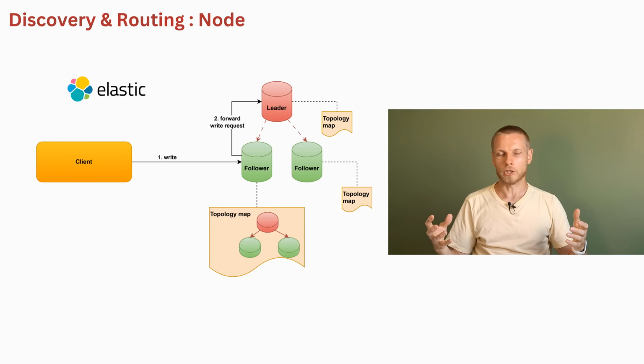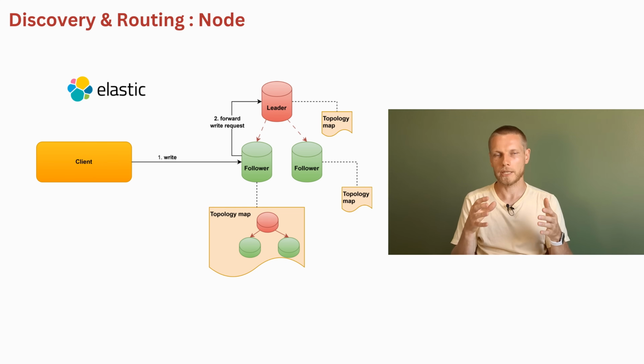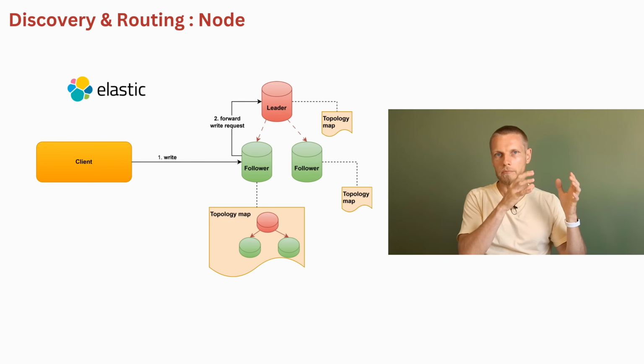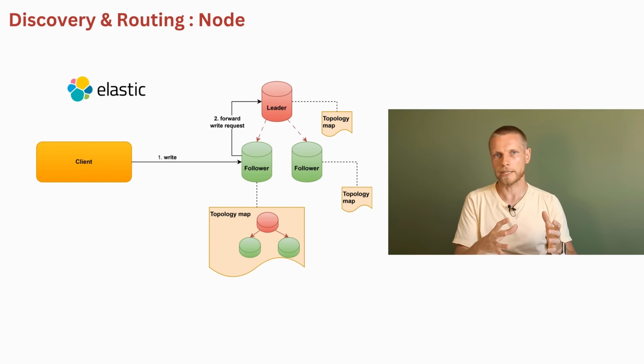We don't need to have some central component with additional costs, and it seems to be a very good approach. But there are also drawbacks, because this routing logic is now placed in the nodes themselves. It makes nodes more complex. Also, we have this additional hop, because each request will come to the nearest node and then it will be sent to the proper node to handle this request.